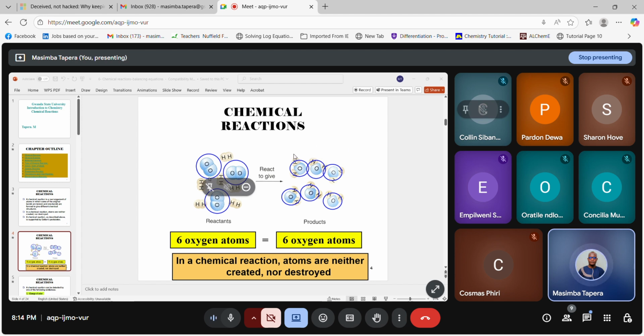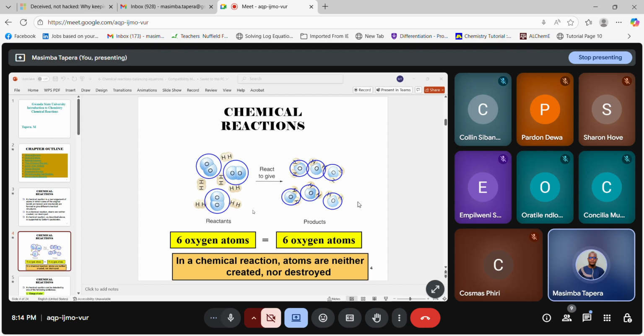These are H2O molecules, and if you check closely you see that the total number of oxygen atoms is also 6. And this slide is trying to illustrate that we are not going to create or destroy atoms. We started with 6 oxygen atoms and we have ended with 6 oxygen atoms. Now the oxygen atoms in the products are now part of water molecules.